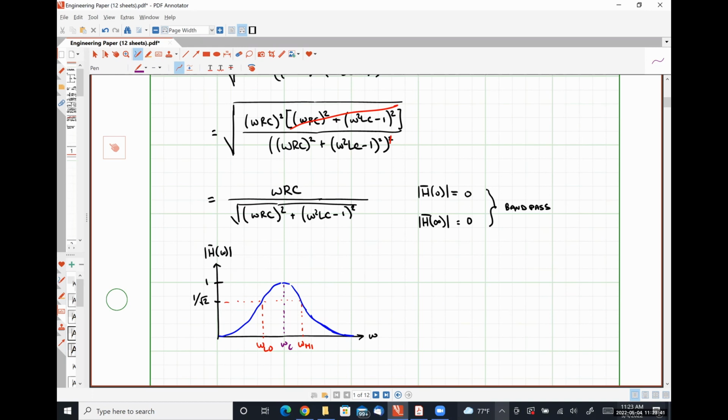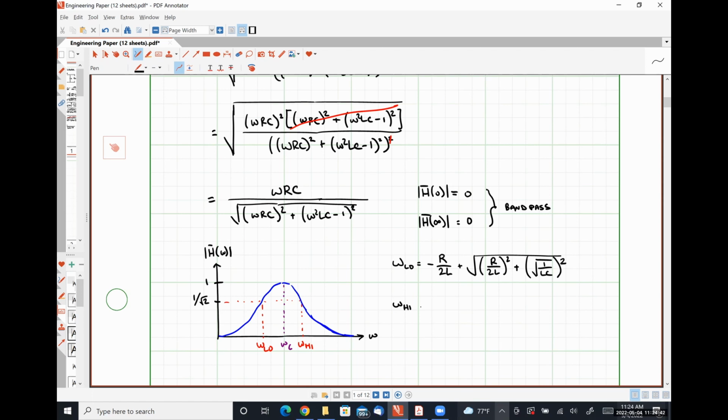But what we will find is that omega low is given by negative R over 2L plus the square root of R over 2L squared plus the square root of one over LC squared.